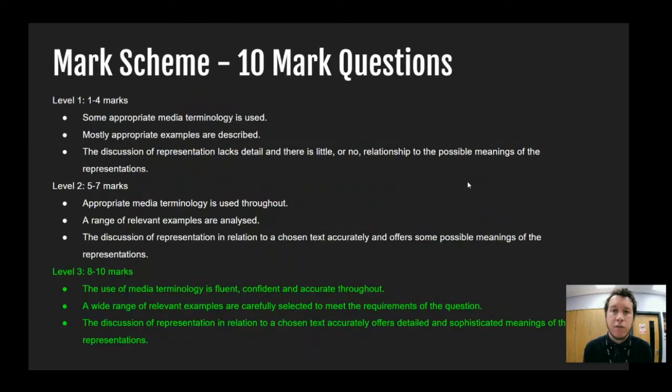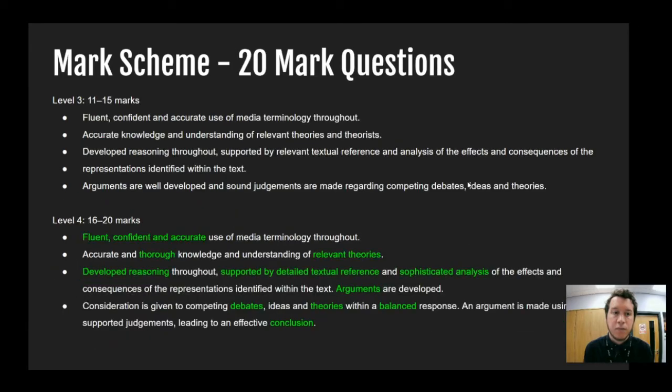There is a mark scheme for the 10-mark questions that you should be familiar with, aiming towards the level 3 band, which in the 10-mark question is the highest, which deals with your media terminology being fluent, confident and accurate, a wide range of relevant examples carefully selected to meet the needs of the question, and the discussion of the representation in relation to the chosen text accurately offers detailed and sophisticated possible meanings.